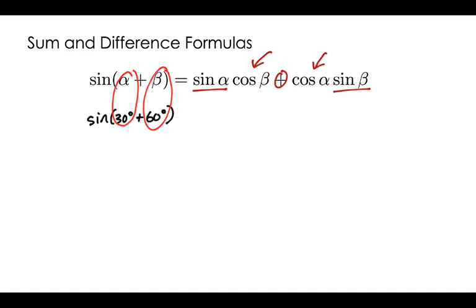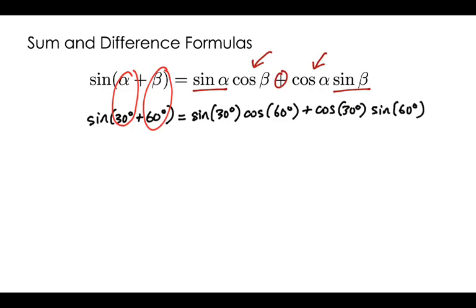So everywhere it says to put an alpha, I'm going to put a 30. Everywhere it asks for beta, I'm going to do 60. I'm just copying that formula for sine of alpha plus beta.